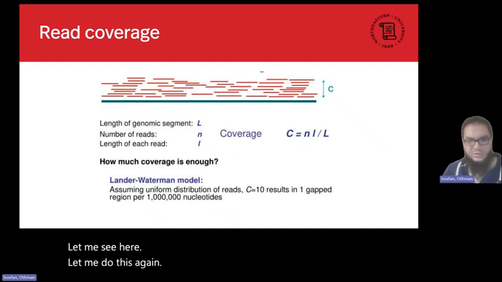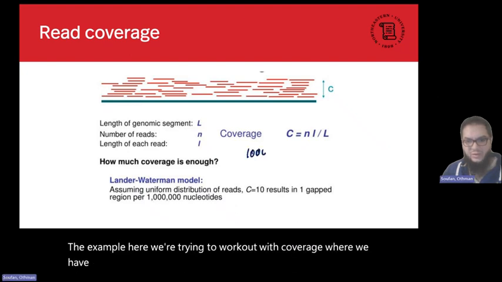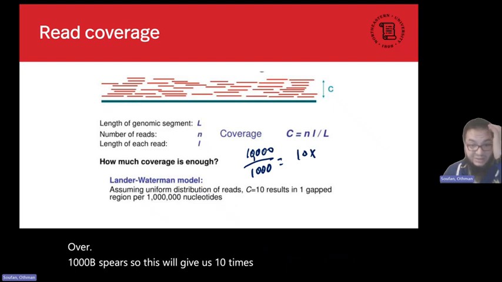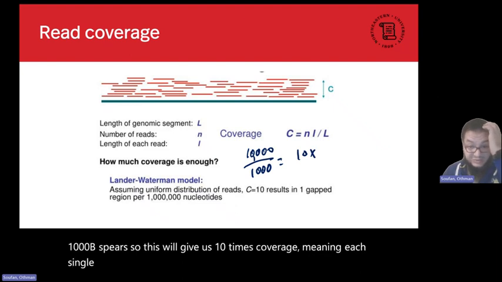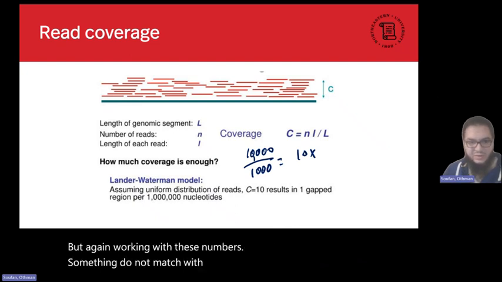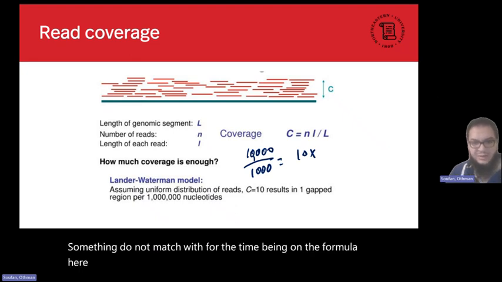The example here, we're trying to work out with coverage where we will end up with 10,000 bases over 1,000 base pairs. So this will give us 10 times coverage, meaning each single base is covered 10 times. But again, working with these numbers, something does not match on the formula for the time being.